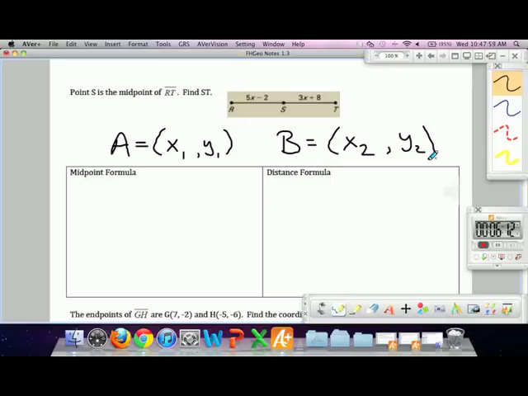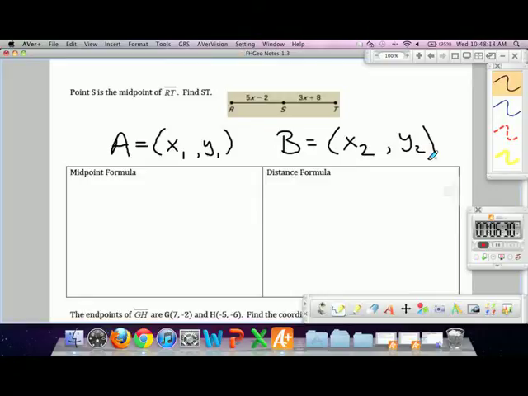For example, if I want to find the midpoint between, say, 1, 3 and -4, 11 or so, I'm going to find the midpoint between two actual points.